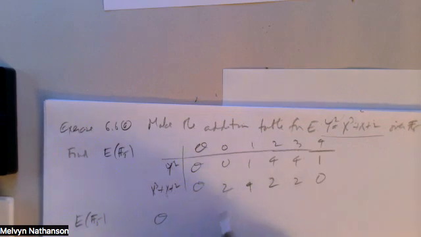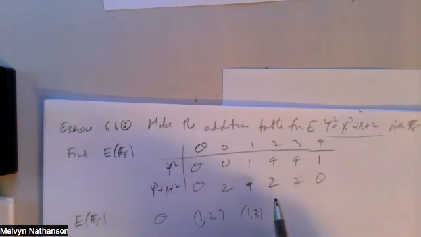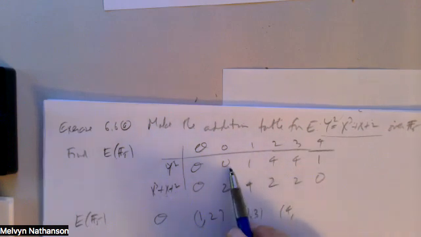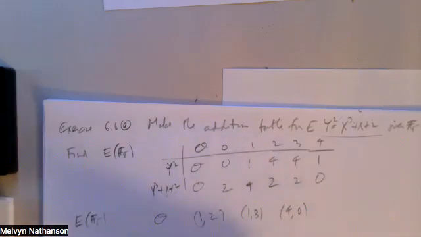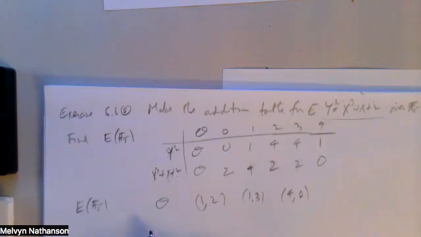When x is 1, you have y squared could be 4, so y could be 2, or y could be 3. There's no y squared equal to 2 when x is 2 or 3. When x is 4, you can have y equal to 0. So there are 4 points on the elliptic curve.